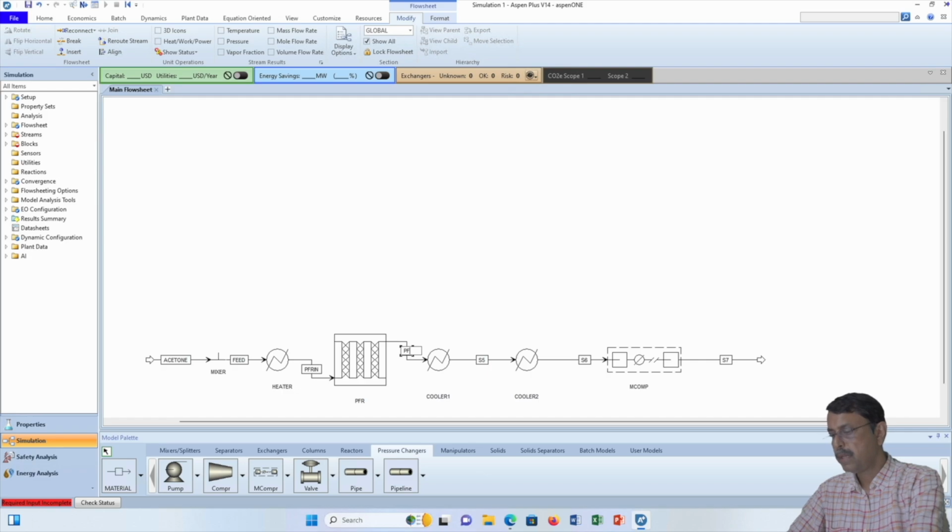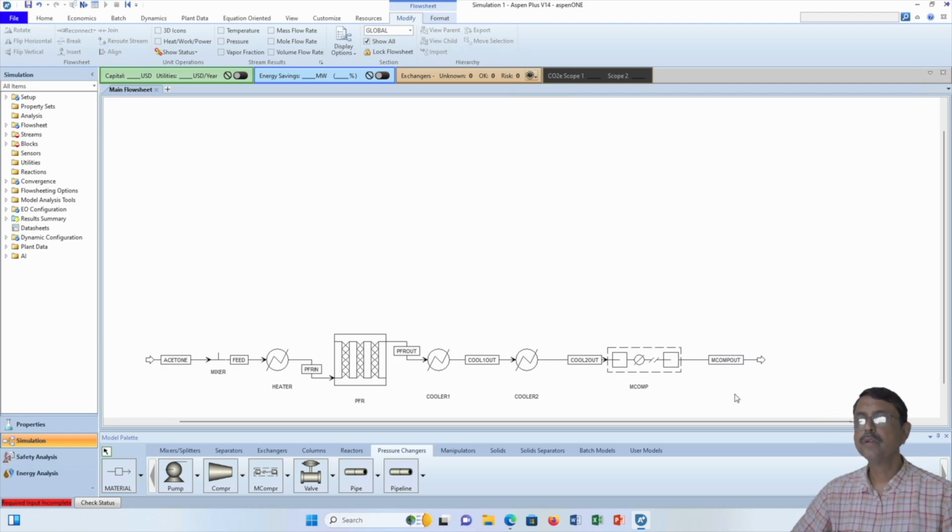This will be PFR out. That will be cool 1 out, and this will be cool 2 out, and this one let us write as M comp out. Okay.